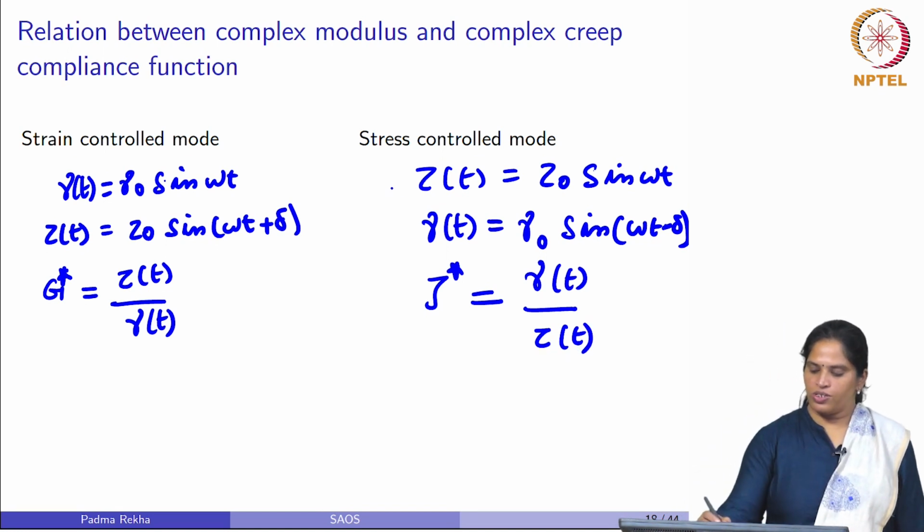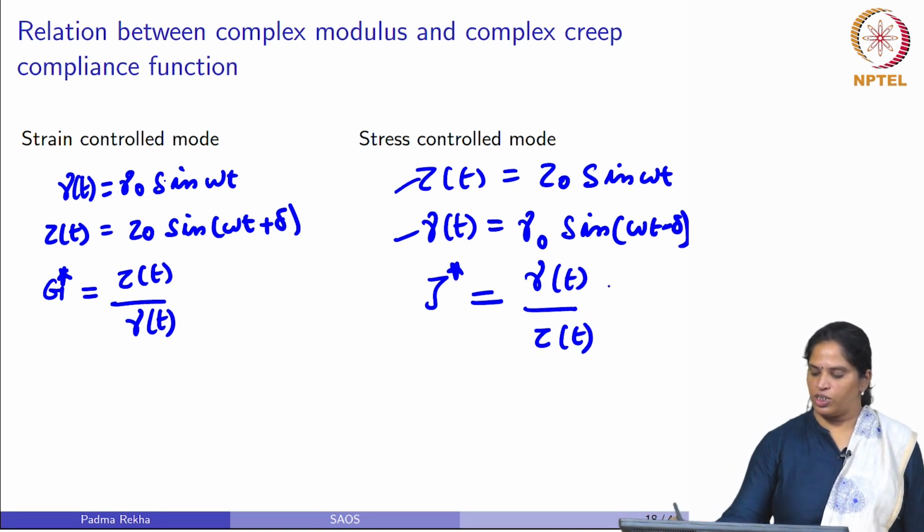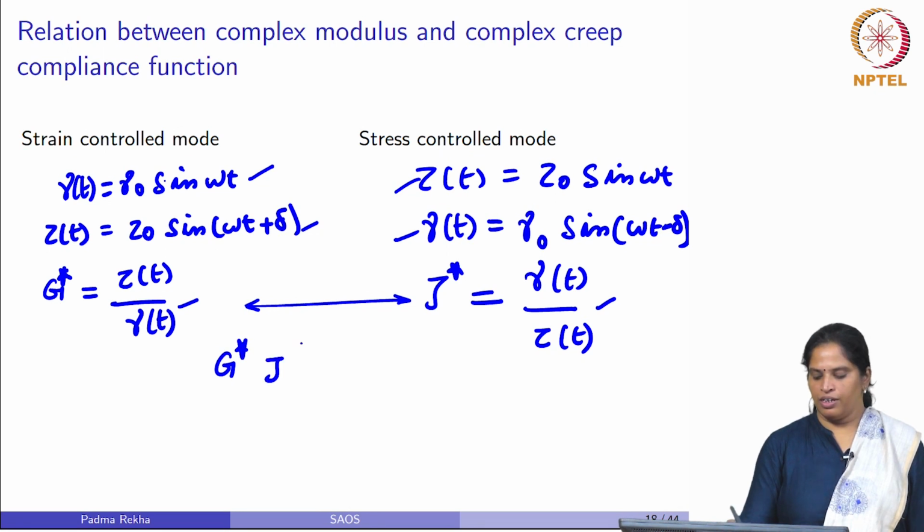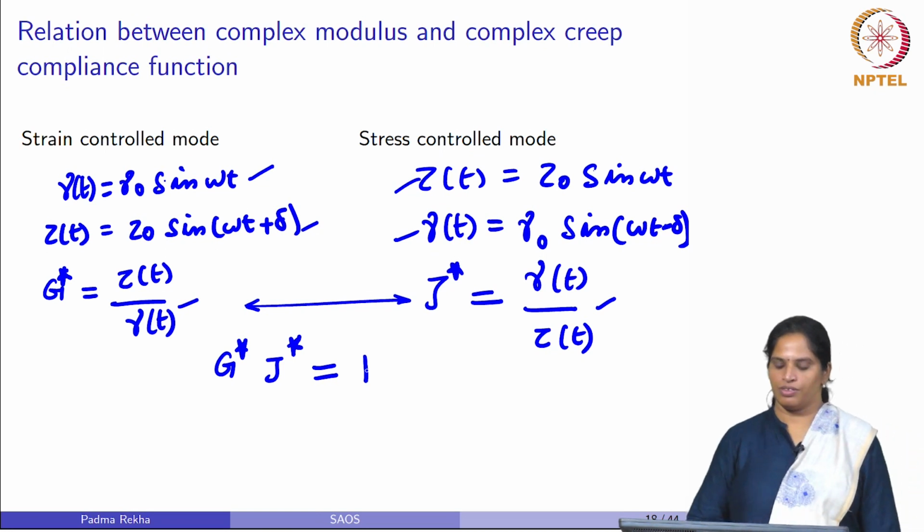Now, if you use this tau function and gamma function in the complex creep compliance and the dynamic modulus, and compare both these equations, you can prove that the product of the complex modulus and the complex creep compliance is 1.